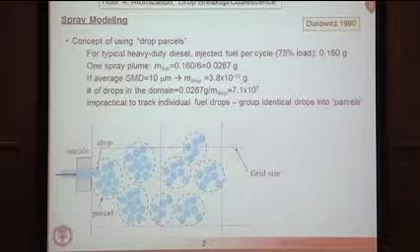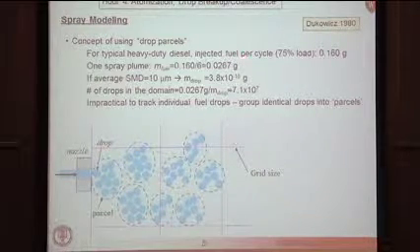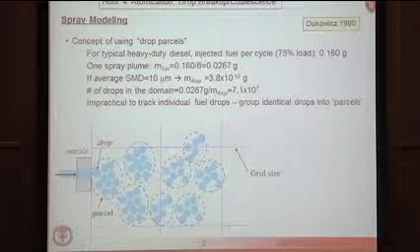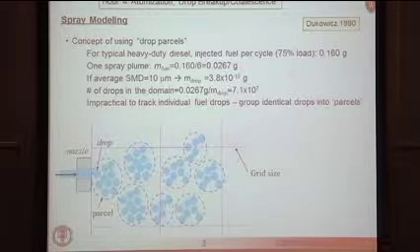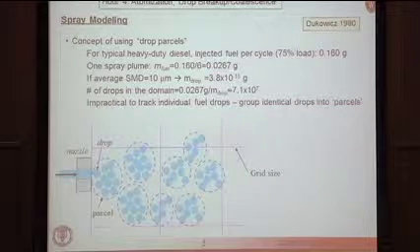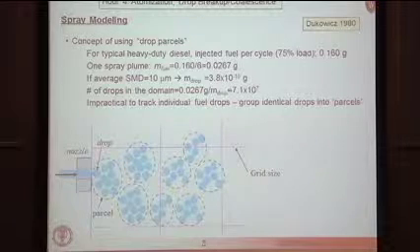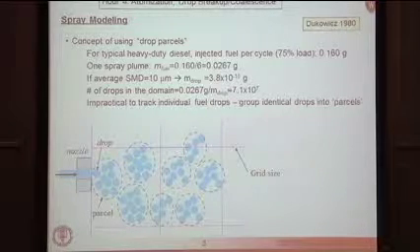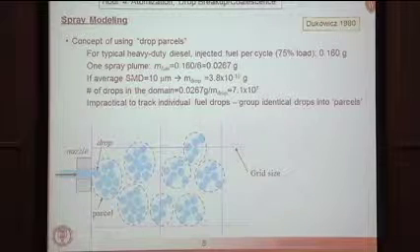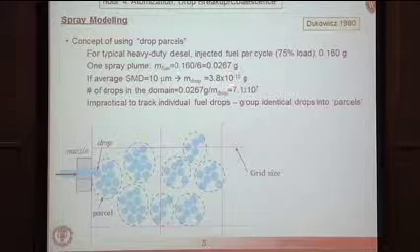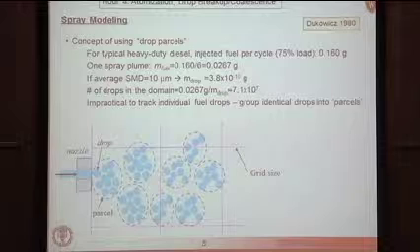If we take a look at a typical engine, for instance, that's injecting, say, 160 milligrams of fuel every cycle, and say we have 6 spray plumes, that means that we have 26.7 milligrams of fuel in each spray plume throughout the injection process. If we assume a size for the drops, we can see what the typical droplet mass is.